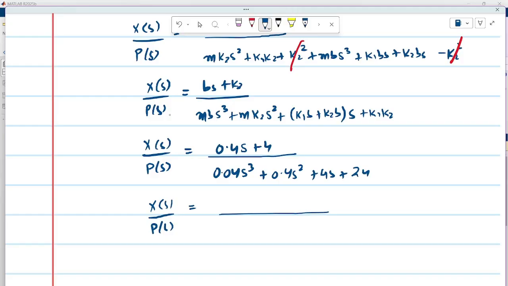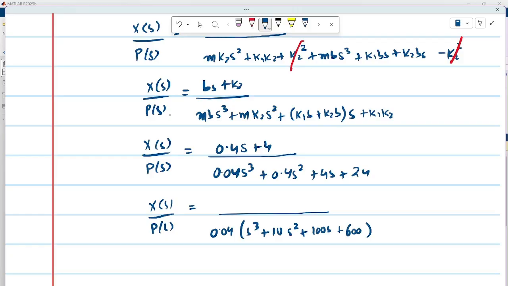Because we want to normalize this part, 0.04, it becomes s cube, plus 10 s squared, plus that's 100 times more, that's 100s, and plus that makes up to 600 for this one.